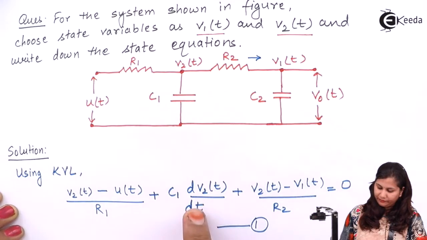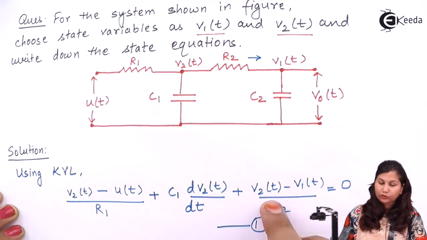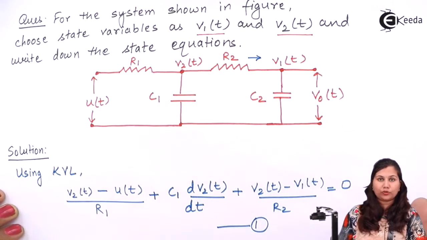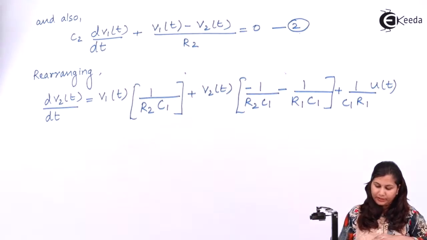So from here dV2/dt will be, this will go to the right hand side and this term will also go to the right hand side, divided by C1.